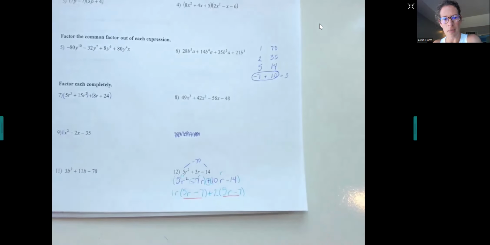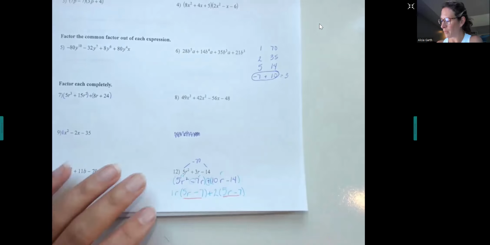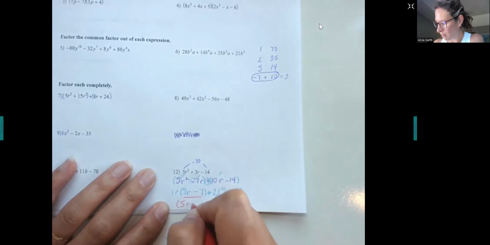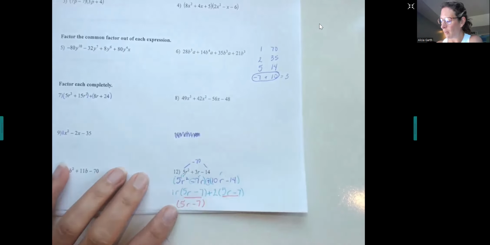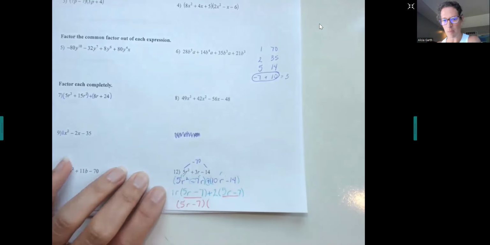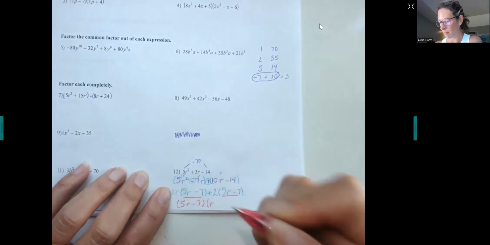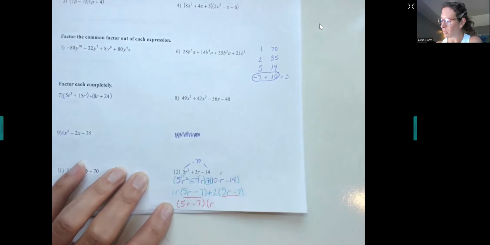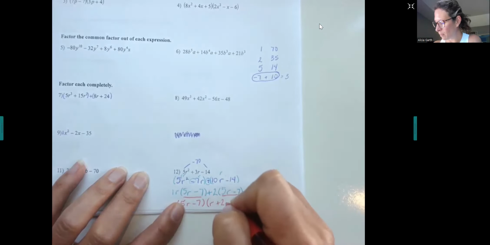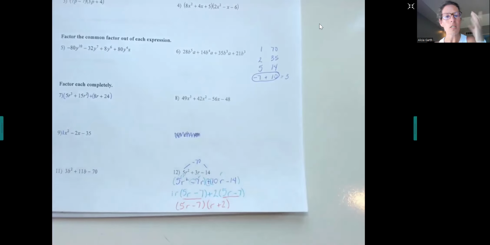If they're exactly the same, then we rewrite that parenthesis. So I rewrote this because they're both exactly the same. This 5r minus 7 is being multiplied by an r. And this 5r minus 7 is being multiplied by a plus 2. So now you've factored it.